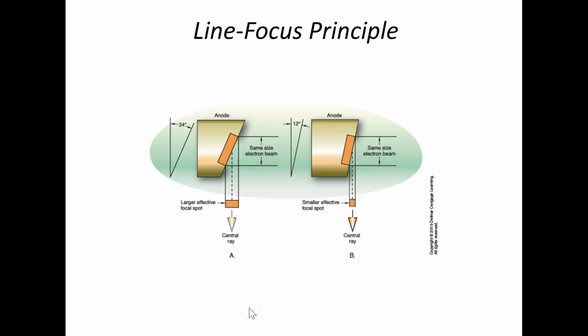Now what this slide is illustrating is that you have the same size electron beam coming from the cathode on both of these, but it is the angle of the anode that determines the size of that effective focal spot. And so with the larger angle, this one has a 24-degree angle, you have a larger effective focal spot. Therefore, you're going to have more penumbra. And on that smaller anode angle, you get a smaller effective focal spot and less of a penumbra.